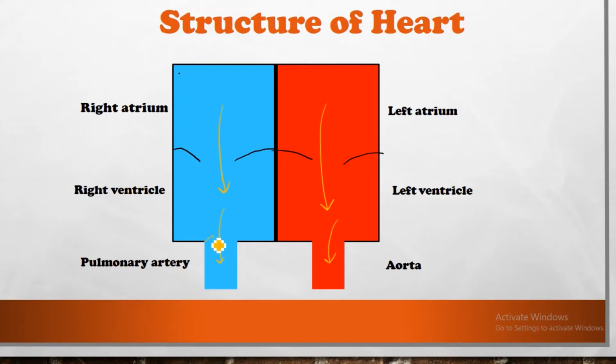The opening of the pulmonary artery is guarded by a valve called the pulmonary valve. Similarly, on the left side, the left ventricle will pump the blood into the aorta, and the opening of the aorta will be guarded by a valve called the aortic valve.